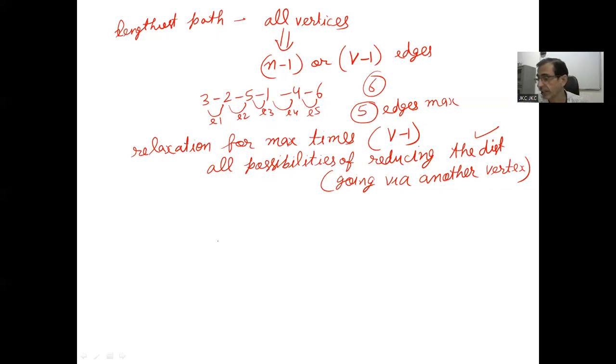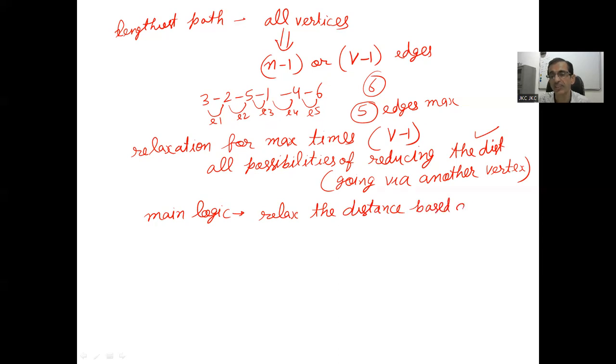So effectively, if I have to talk of a one line logic, I will say the main logic is now simple. I'm going to do nothing but relax the distance based on edges. Obviously, we do the relaxation of the edges. In the books, it says relax the edges, but effectively that means relax this. How?